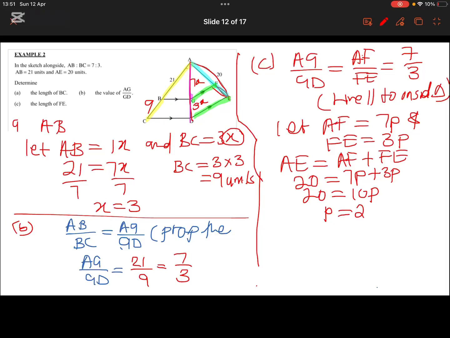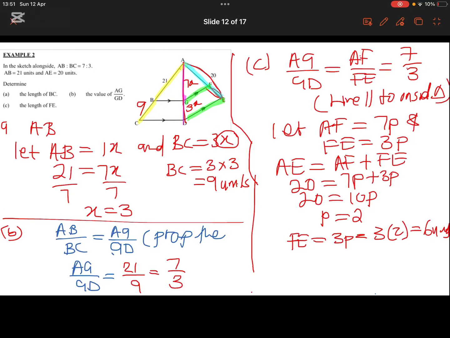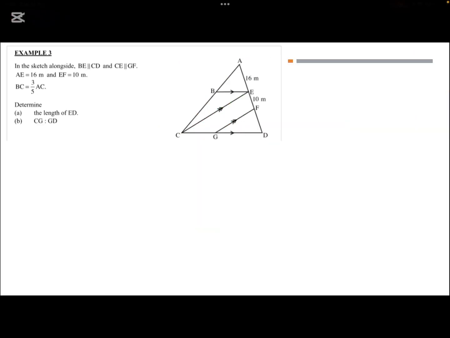Then our P will be equal to 2. Right? Now we're looking for FE. FE is equal to 3P, which is 3 times 2. That will be 6 units, the actual distance of FE.